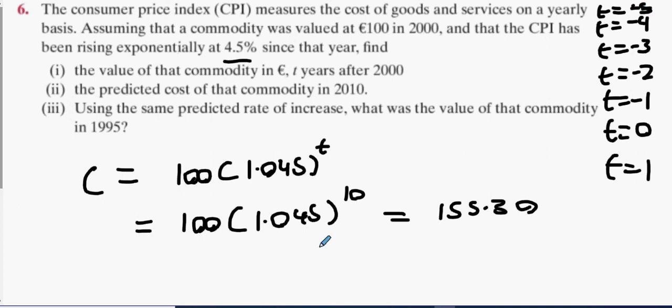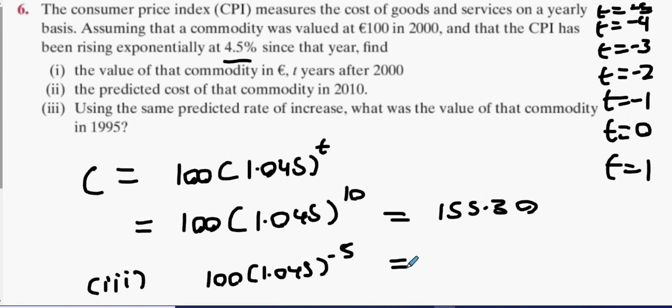So log in minus 5 and see if it gives us a reasonable answer. You're just decreasing the amount by 4.5% each year, so in this case it does make sense. You're going to do 100 by 1.045 to the power of minus 5. And what do we get? Yep, 80 euro and 25 cents.